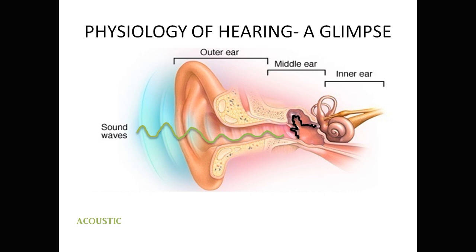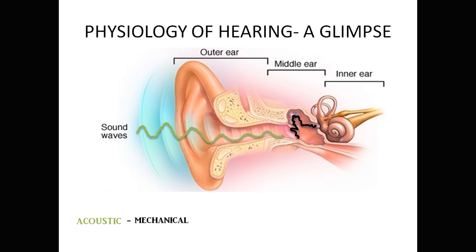Subsequently, the three bones, in the previous slide we discussed the middle ear consists of three bones, that is malleus, incus and stapes. This is a chain, so we call it the ossicular chain. So this chain will subsequently vibrate. So here it is a mechanical vibration.